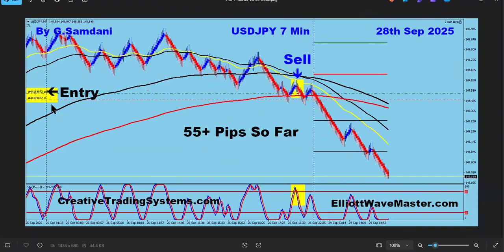So this is a sell entry here, when it was coming down on Sunday the 28th, and it gave me the entry here, and it dropped. I recorded the chart just to show the entry and all of that, and it is 55 pips at that time, but I didn't close the trade then. I wanted to make it continue.